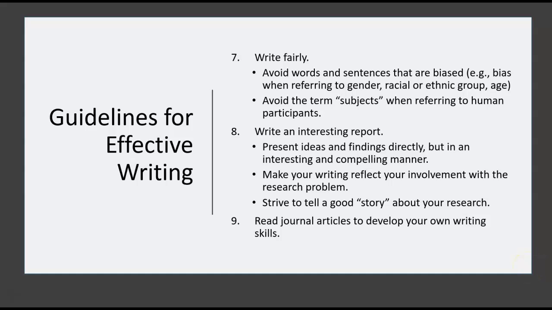The final guideline here is, one of the best ways to learn how to be a good writer in your chosen area of study is to read articles. Often students tell me when they start reading scientific journal articles in psychology, it's like they're studying a foreign language. And in a way, that's true.